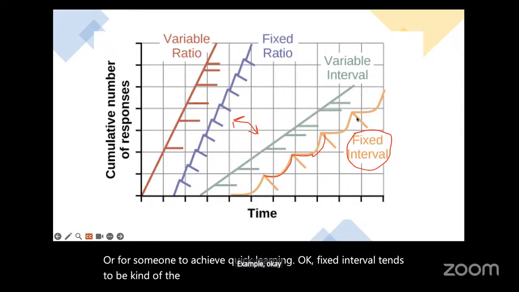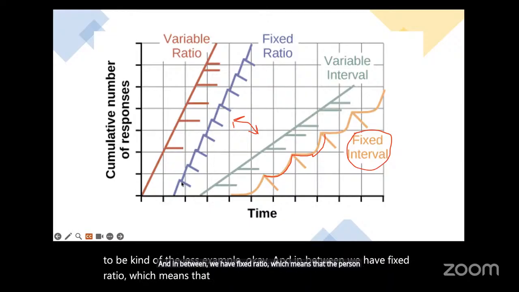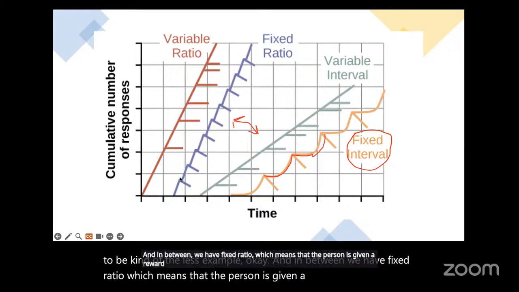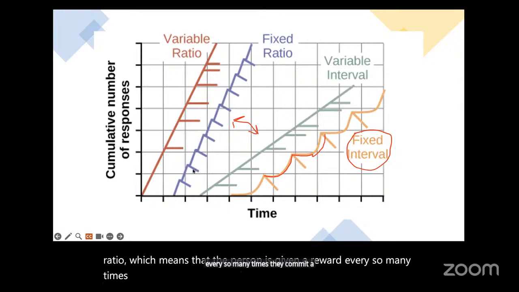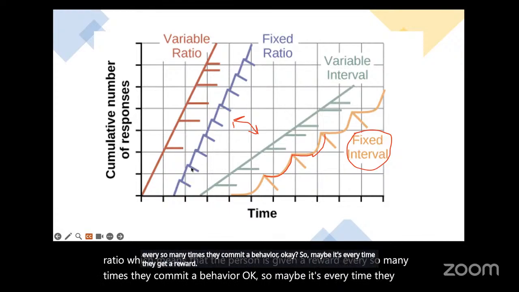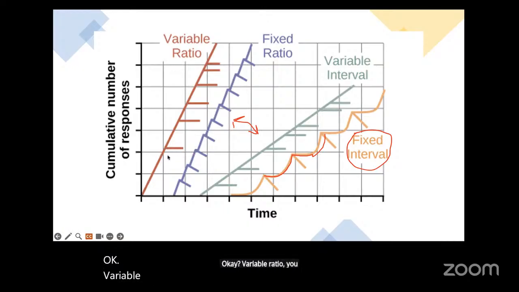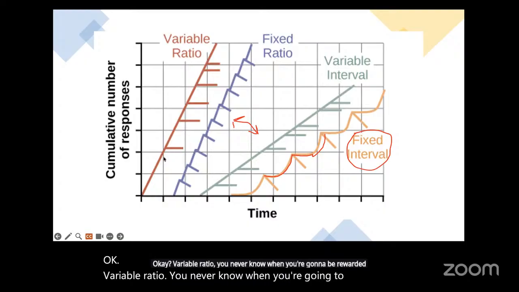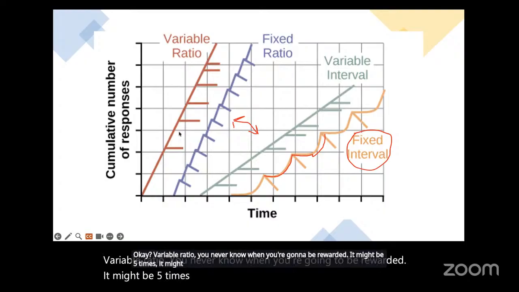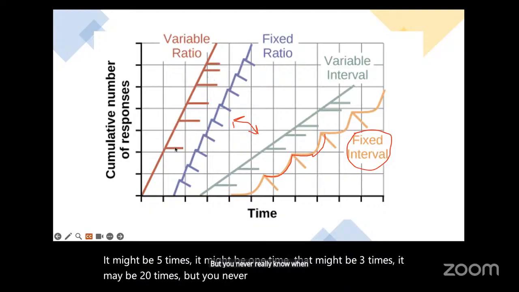Okay. And in between, we have fixed ratio, which means that the person is given a reward every so many times they commit a behavior. Okay. So maybe it's every time they get a reward. Okay. Variable ratio, you never know when you're going to be rewarded. It might be 5 times, it might be 1 time, it might be 3 times, it may be 20 times, but you never really know when you're going to get rewarded.